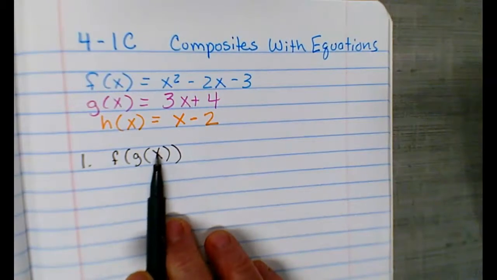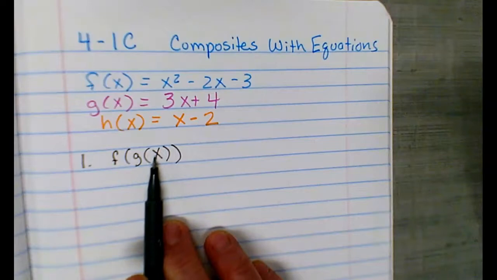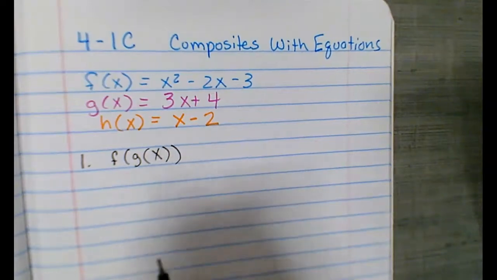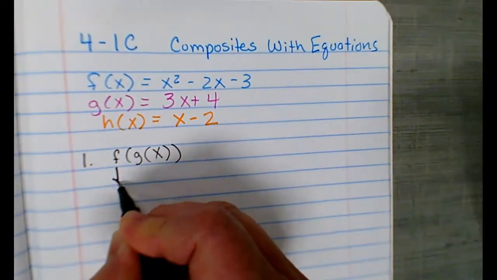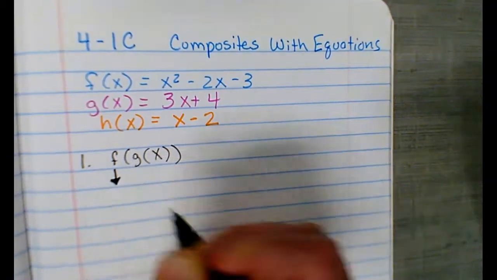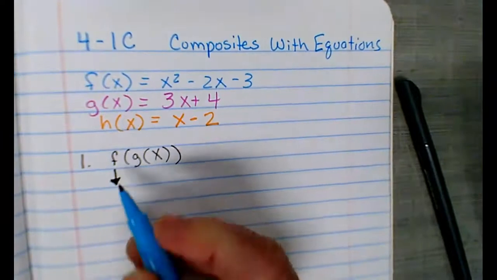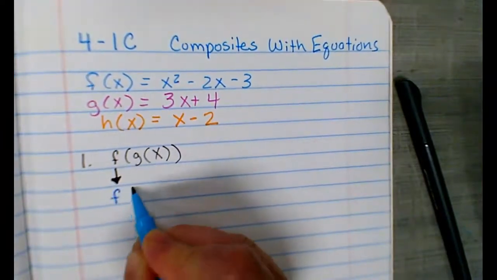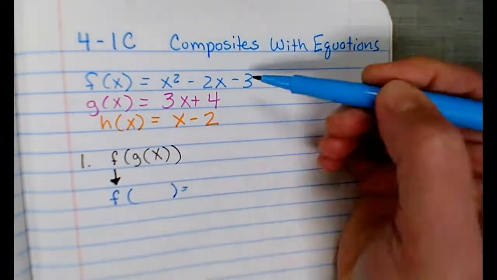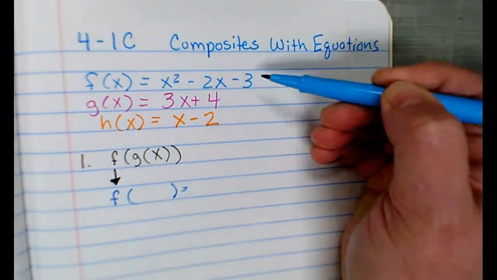you start on the inside. Do I have a number right here to start with? Then guess where I'm going to start? On the outside. I'm going to start by writing down the function called f of x.